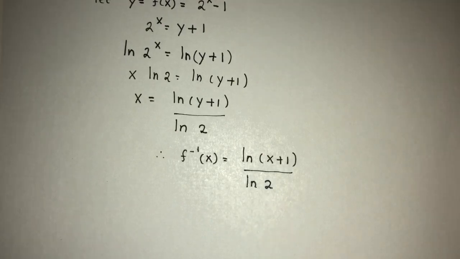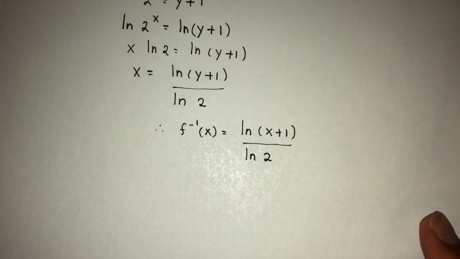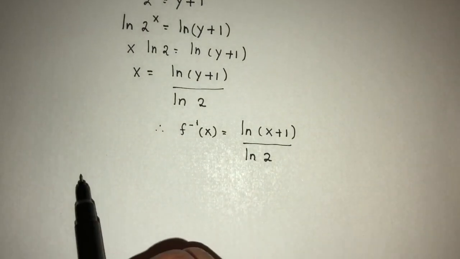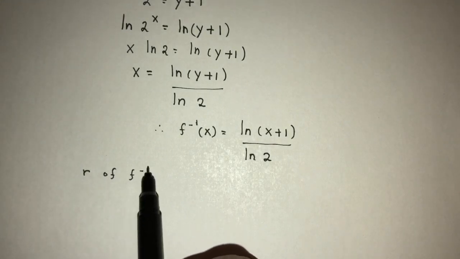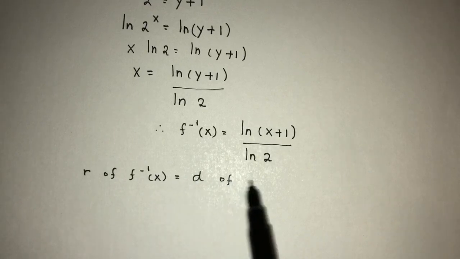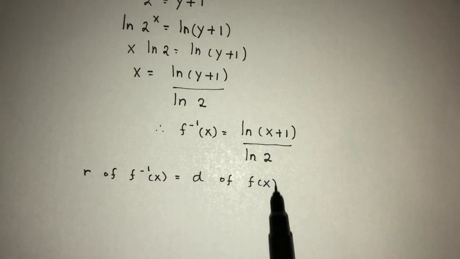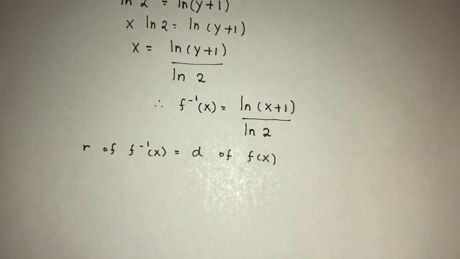Ln of 2 is just a constant, we don't really care, but that is your equation for f inverse. Now we have to write its domain and the range, so we have to know something here. The range of f inverse is equal to the domain of f of x. That's a trick we have to know. It helps us to find the values really easily.